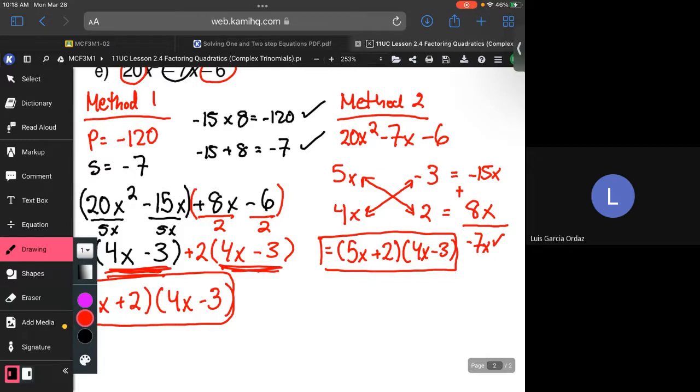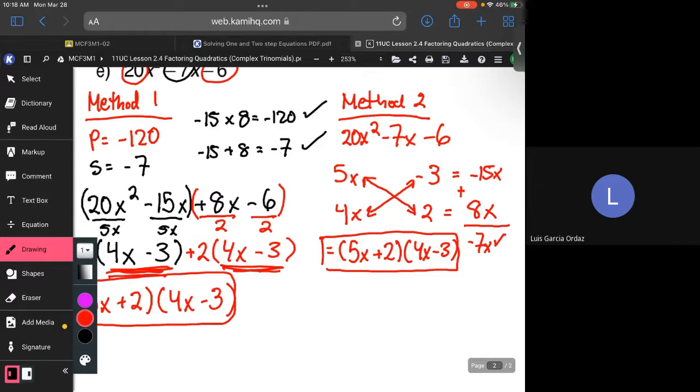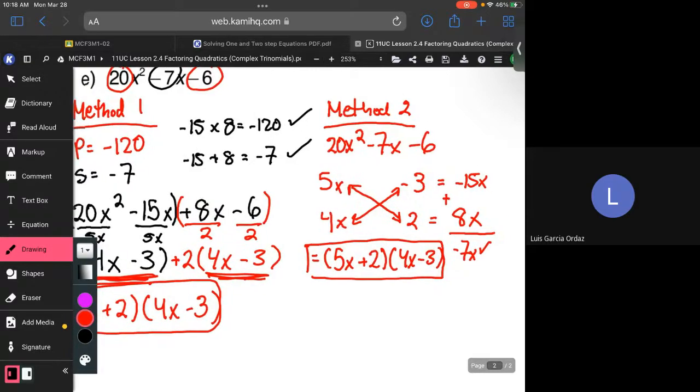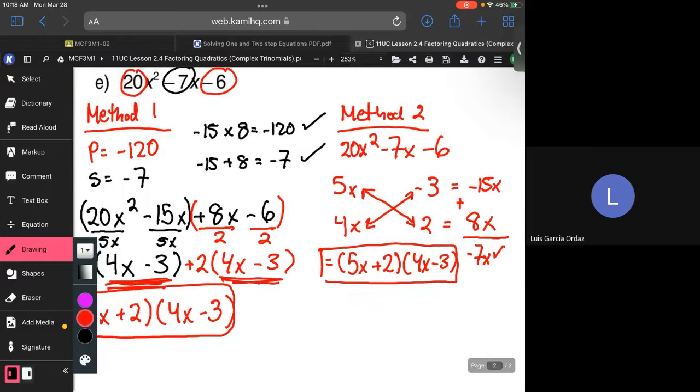So let's try F. For F, I want you to do it on your own. Pick whatever method you feel comfortable with and see if you can solve it. For F, we have 4a squared minus 9ab minus 9b squared. I'm going to keep E up just in case some of you have not copied it yet.